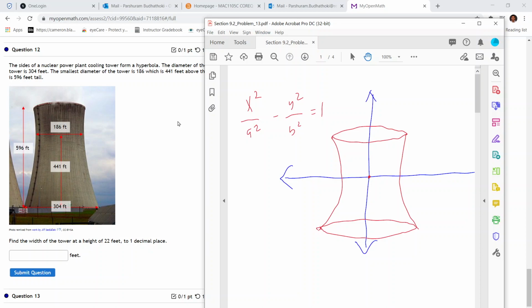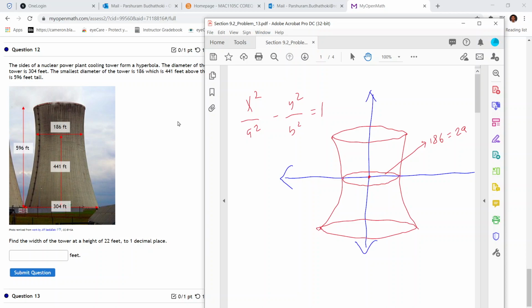It's given that the smallest diameter is 186. From here to here that's a, and from here to here that's another a. So 2a is 186, and you can find the value of a from here.